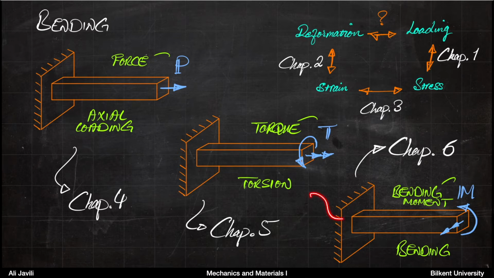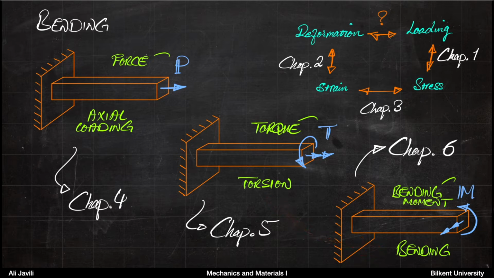As you can see, both topics of torsion and bending are similar in the sense that they are dealing with a moment. In these 2 problems, a moment is applied to a beam or to a shaft, in contrast to the axial loading problem where the loading was a force.